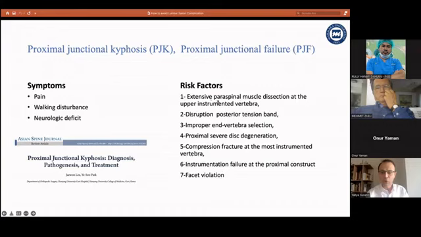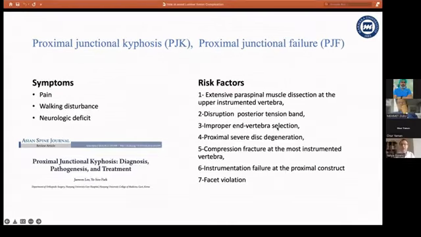We avoid this. Disruption of the posterior tension band, I think, is very important. Improper upper instrumented vertebra selection and proximal severe disc degeneration are important when you stop at the upper levels.